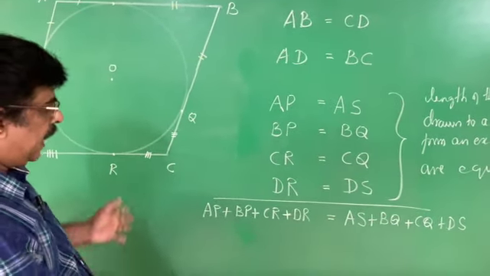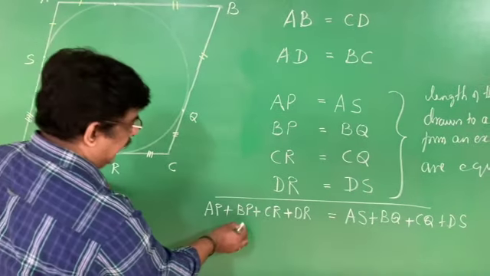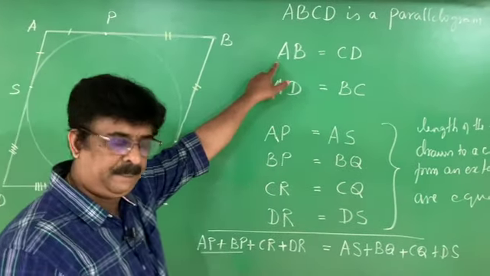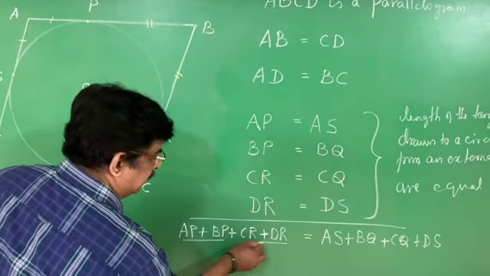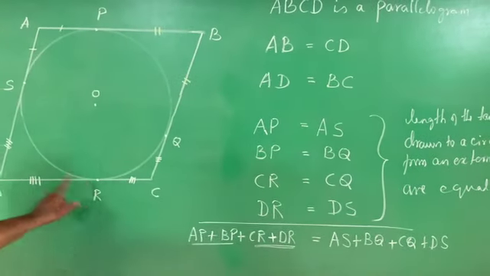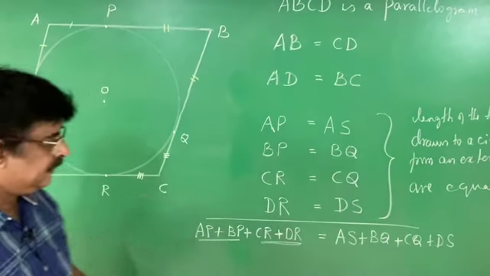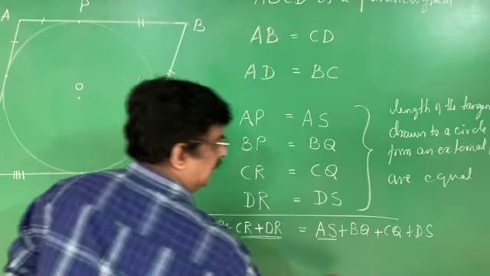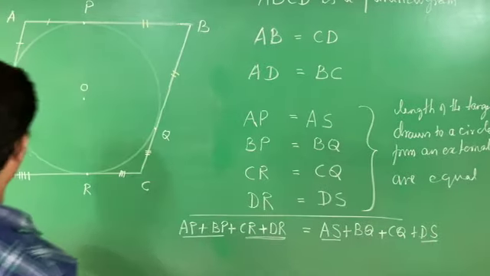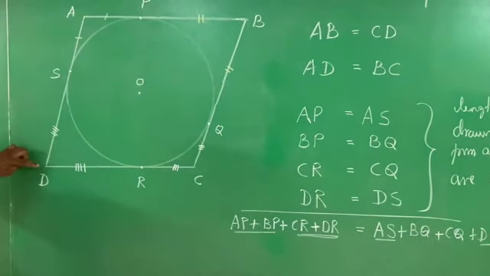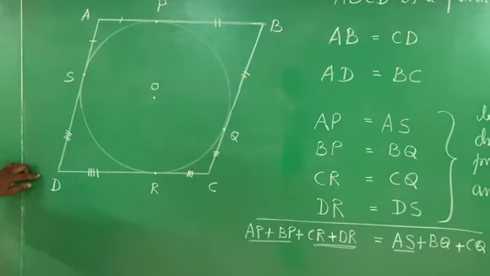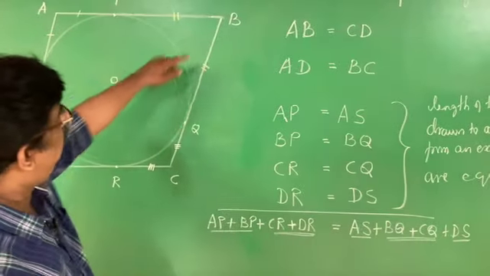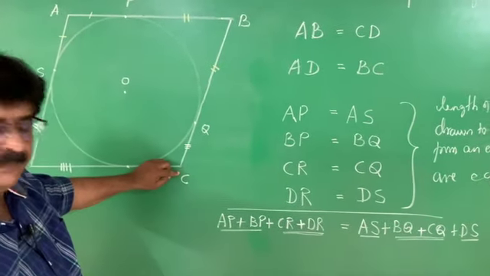Now I wanted to add it again. AP plus BP means AB. Same way, CR plus DR is nothing but CD. Here, AS plus DS means AD. Next is BQ plus CQ, which is BC.